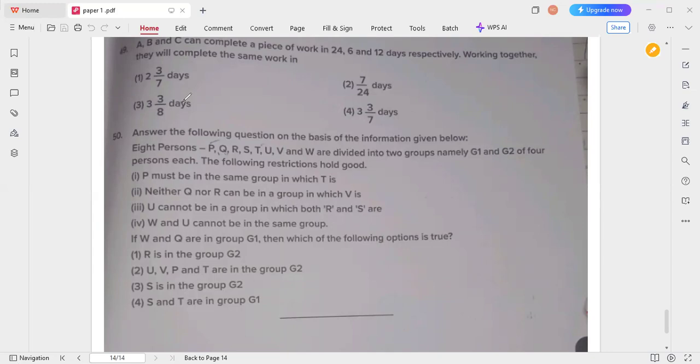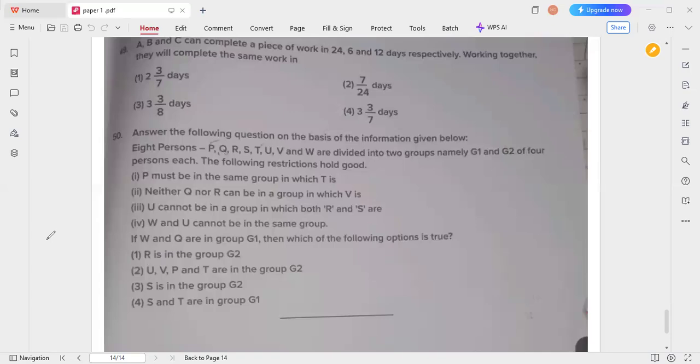Neither Q nor R can be in a group in which V is. U cannot be in a group in which both R and S are. W and U cannot be in the same group. If W and Q are in the group G1, then which of the following options is true? So here U, V, P, and T are in group 2. This is the correct answer. So option 2 is the correct answer for the 50th question.